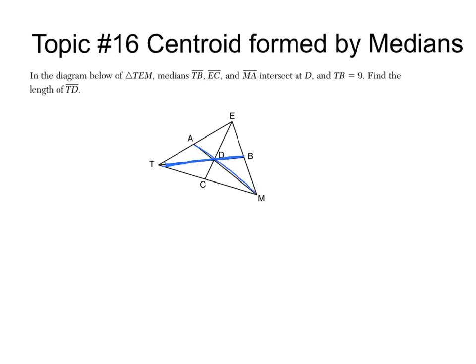Medians connect each angle, or each vertex, of the triangle to the midpoint on the opposite side. So all of these points here are midpoints. That's what medians do, is medians create midpoints.